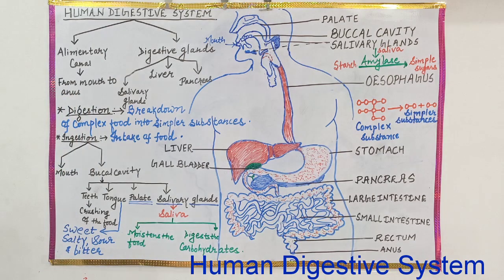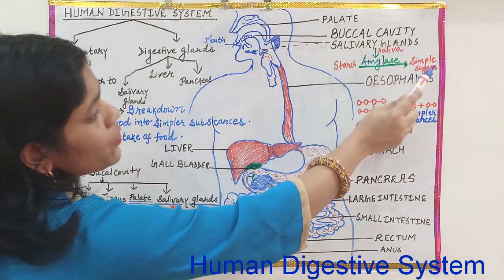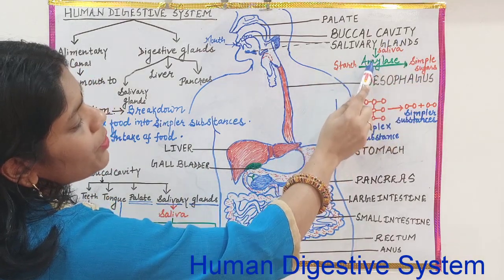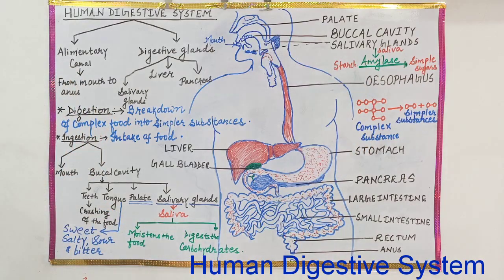You might have noticed that if you chew a bread for a long time, what happens? The taste happens to be sweet. The sweet taste of the food is due to the conversion of the starch into simple sugars with the help of the enzyme called amylase present in the saliva. So saliva has other roles to play also. It moistens the food.